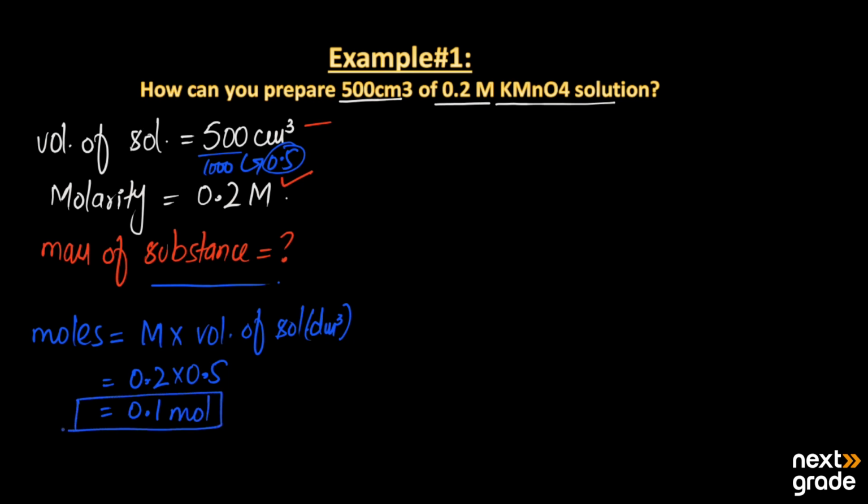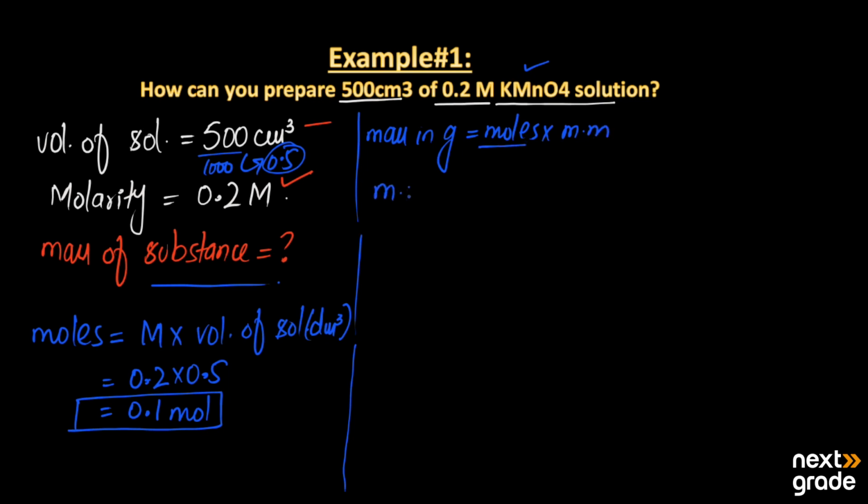Now by using these moles, we will find the mass of substance in grams. First of all we need the molar mass, because the mass in grams is equal to moles multiplied by molar mass.